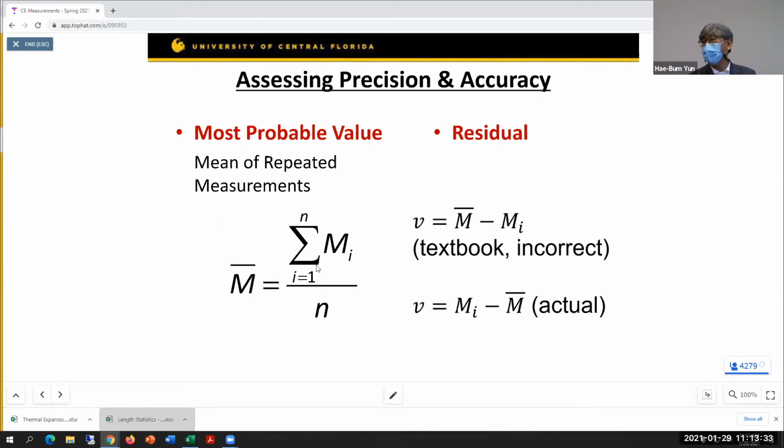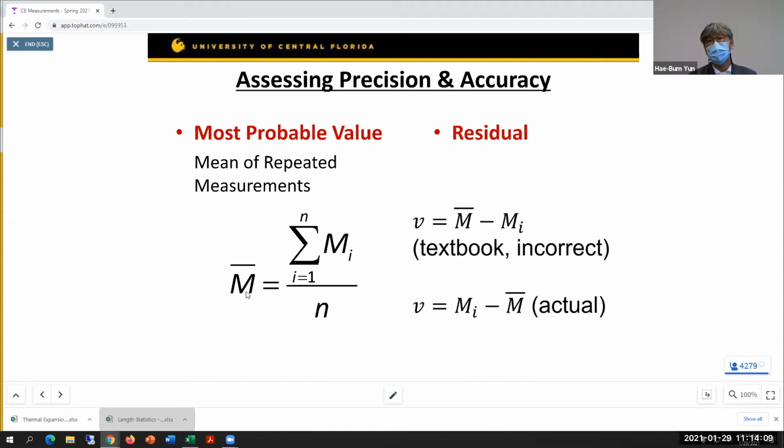You're all familiar with how to calculate the sample mean, right? The summation of M, where M is a measurement. In this equation, how many measurements do we have? n measurements, yes, small n, right? So this is the number of measurements, and we call this M bar.